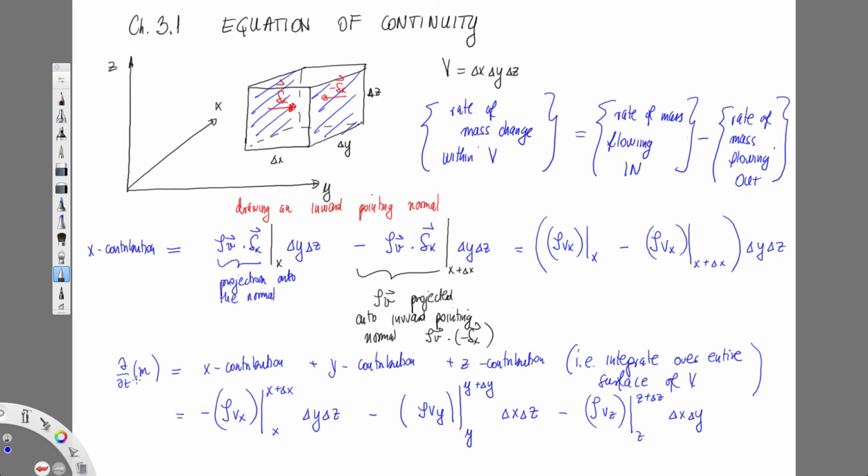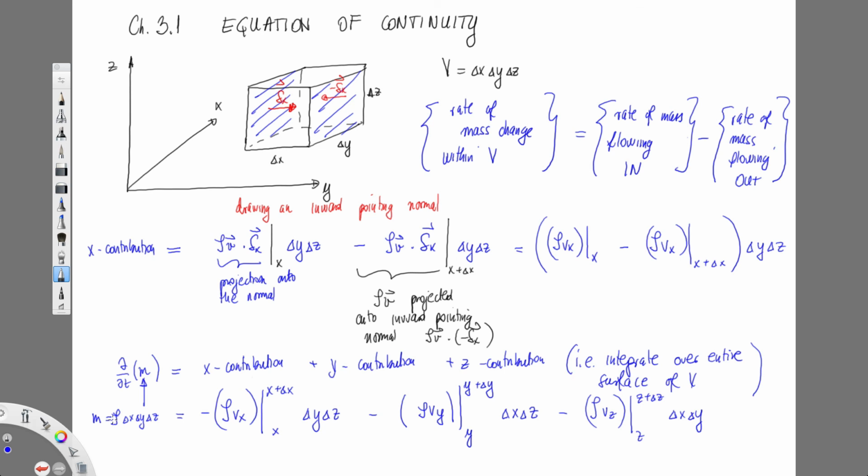Now, this is the mass of the volume. So this is actually rho, which is assumed constant. Well, no, I'm not going to assume it constant for now. It's rho times volume, which is delta x, delta y, delta z, right? Not going to write it down, but this is just where we're going.